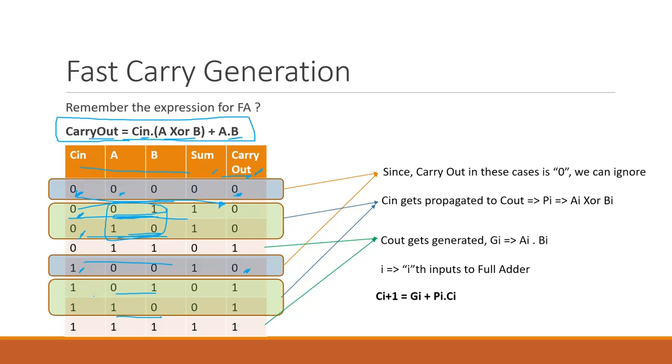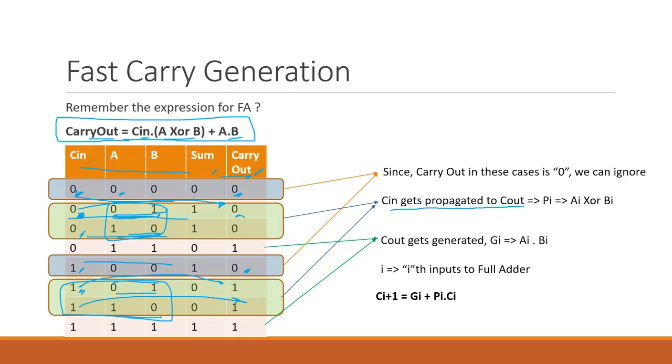Right here also, the same Cin comes out as Cout. So there is a relation over here that we can find. When A XOR B is 1, the carry out is the same as carry in. That means the carry in is propagated out to the carry out signal. That is the important thing to be noted. Cin gets propagated to Cout.